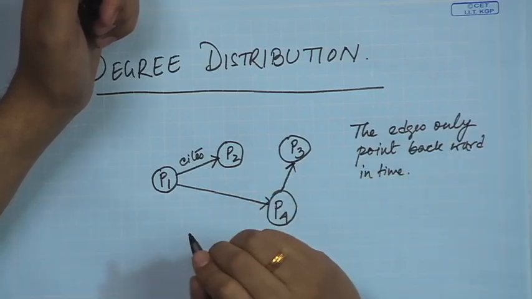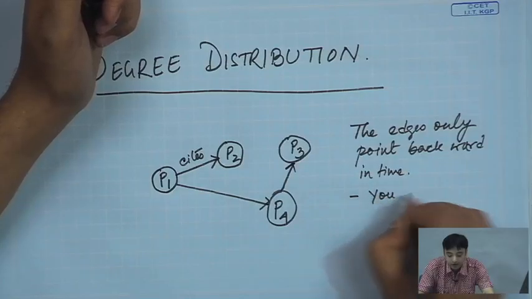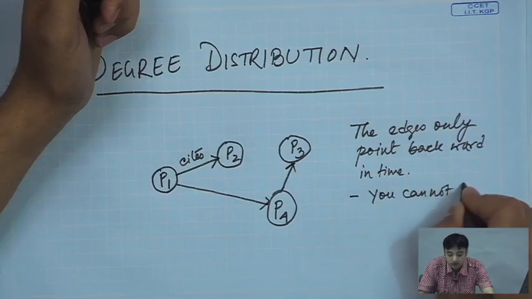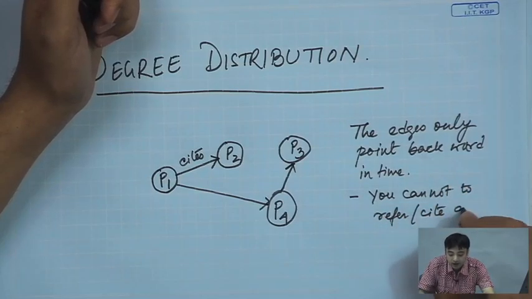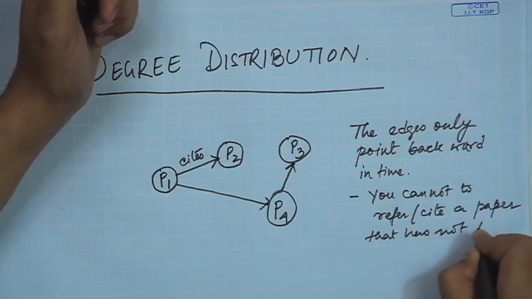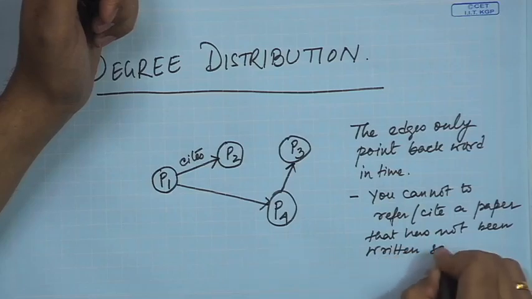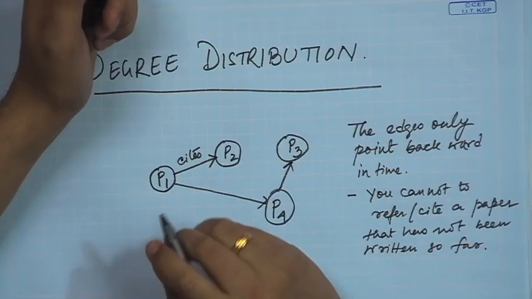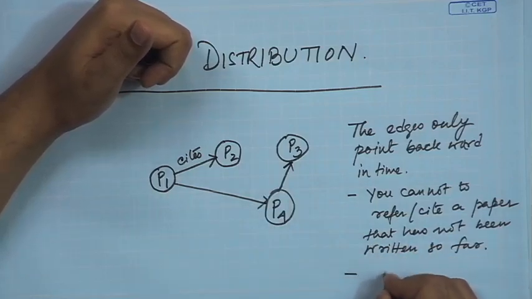This is easily understood since you cannot refer or cite a paper that has not been written so far, right. So, edges only point backward in time, and consequently this network is acyclic.